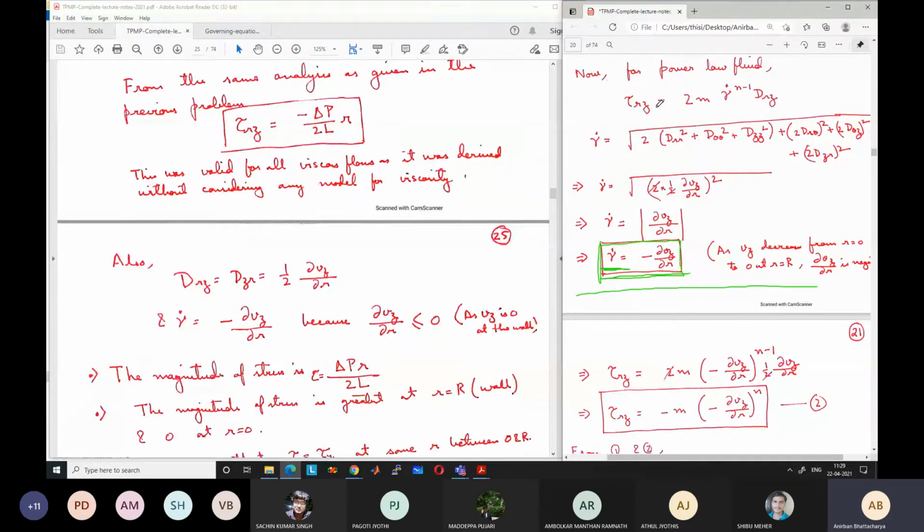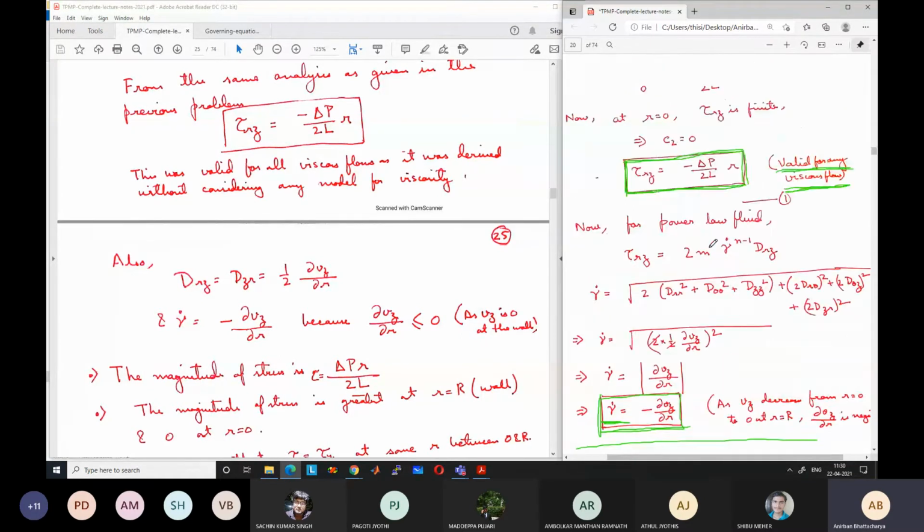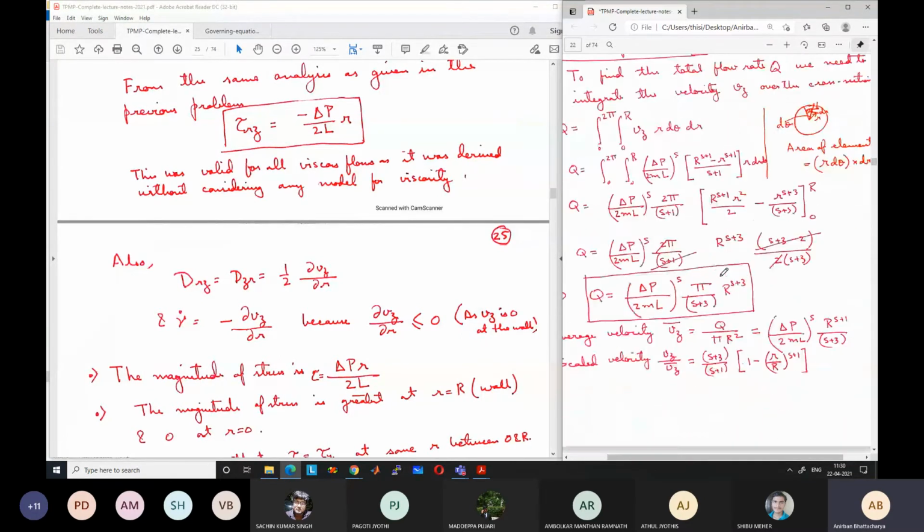This was negative because del vz del r is less than 0, because v is more at the center and v is 0 at the edges. So the velocity gradient with radius has to be less than 0, because ultimately we have obtained that velocity is more at the center and less at the boundary.